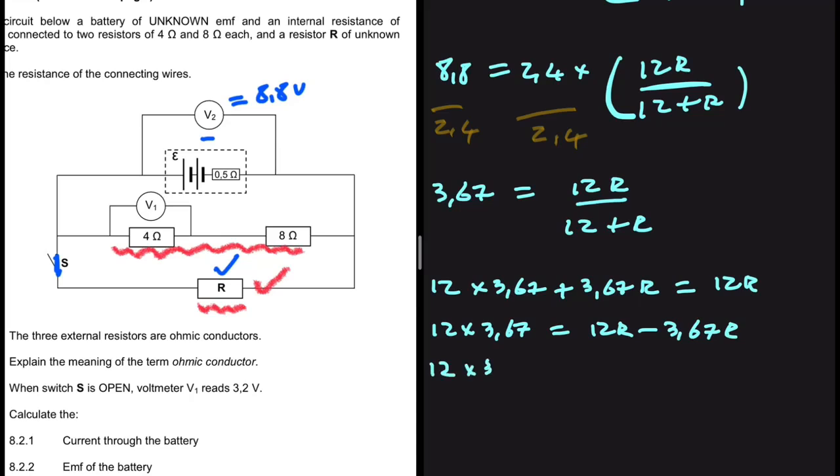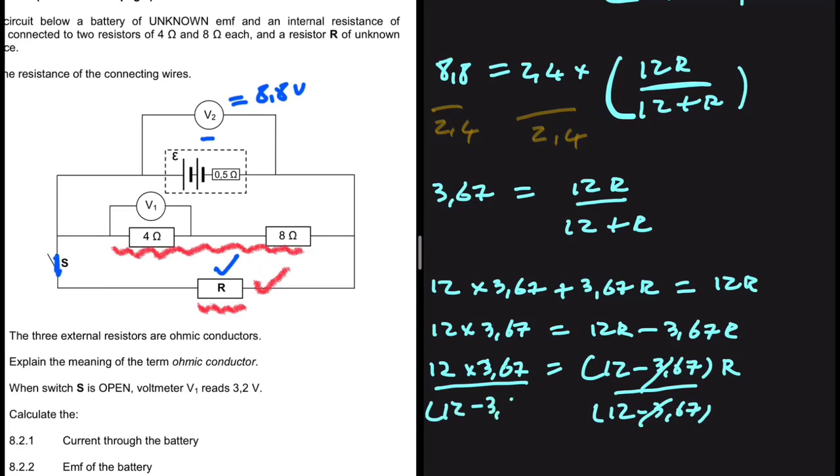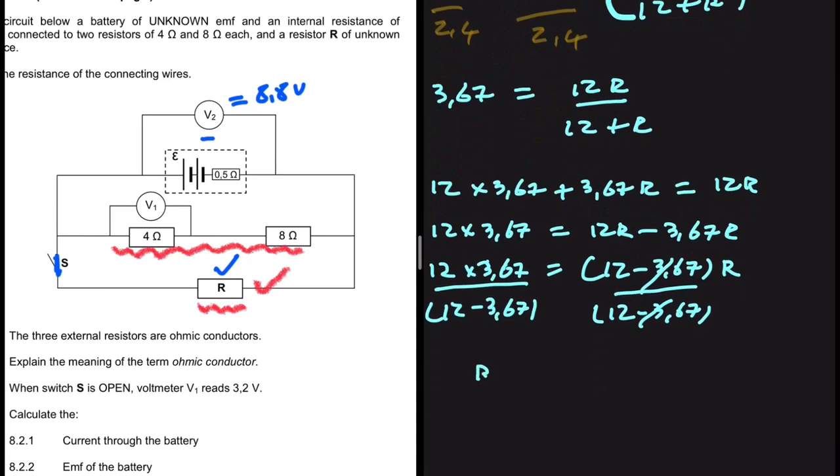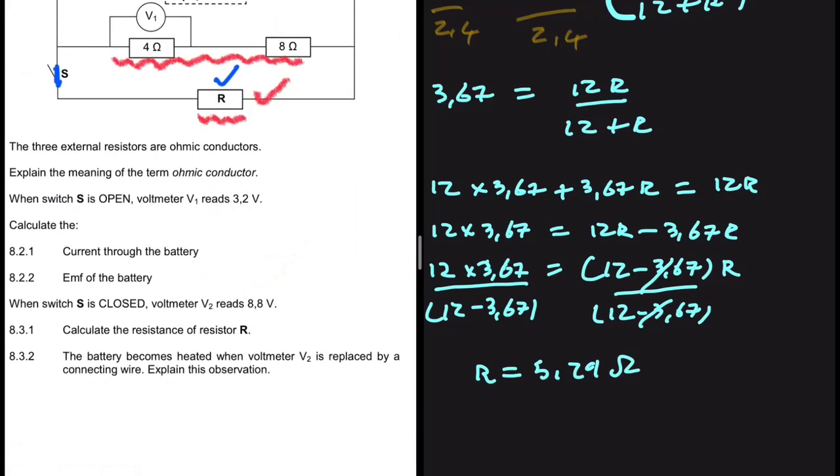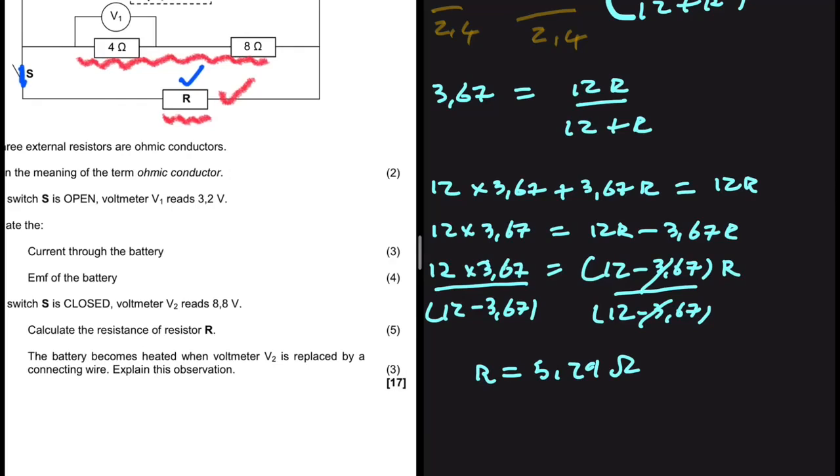So 12 multiplied by 3.67 will be equal to 12 minus 3.67, and then we take R as a common factor. We can just divide by 12 minus 3.67 on both sides. We get R being equal to 5.29 ohms.